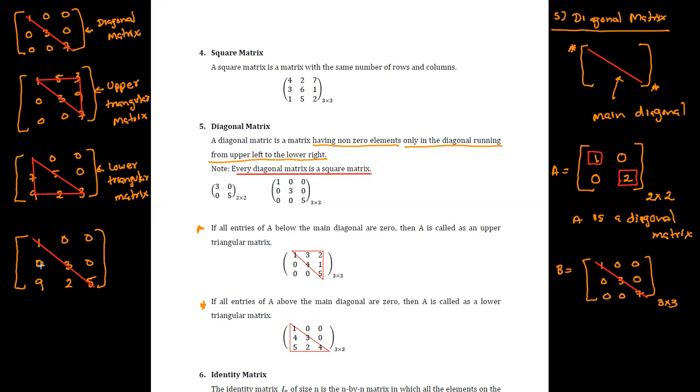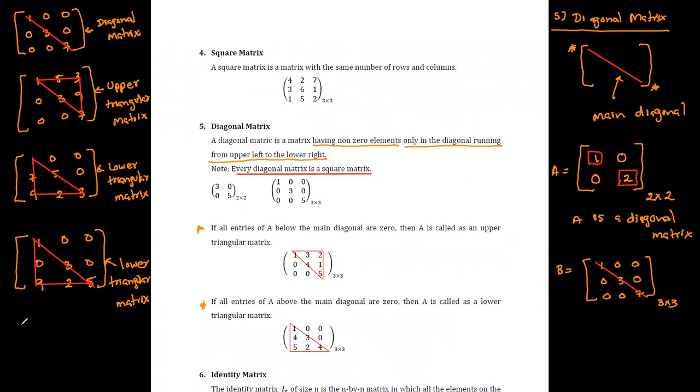There is also a 0 elsewhere, but there are some other non-zero elements as well, so we are not going to worry about this single 0. Since all the elements above the main diagonal are 0, this matrix is a lower triangular matrix. This is also an example of a lower triangular matrix.